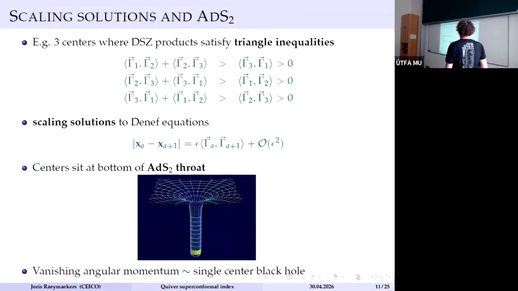And you can take this epsilon as small as you want, and as you do that, these D-brane centers move down a deep AdS2 throat. Also, when you do that, the angular momentum goes to 0, as was the case for a single center black hole. So these configurations look more and more like single center black holes.